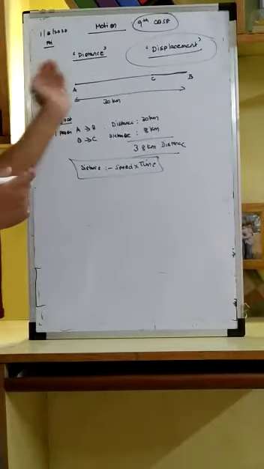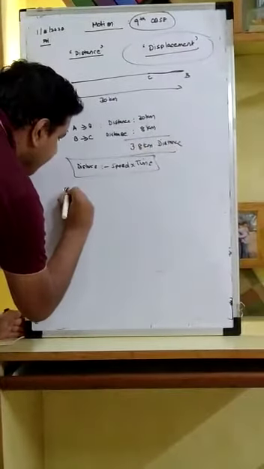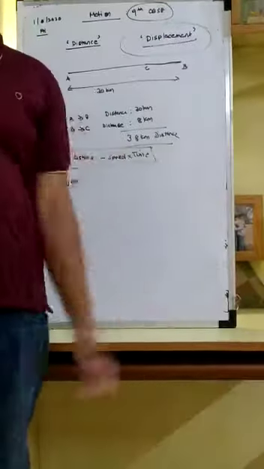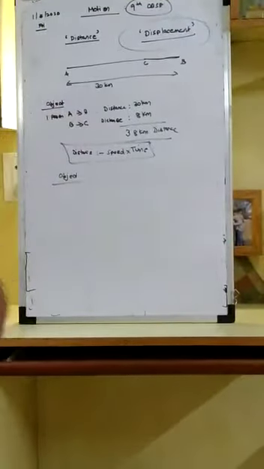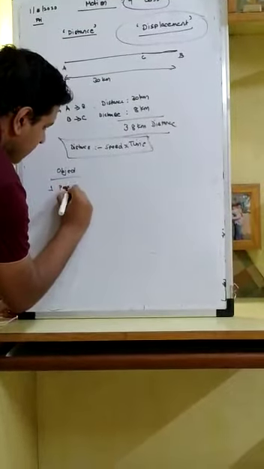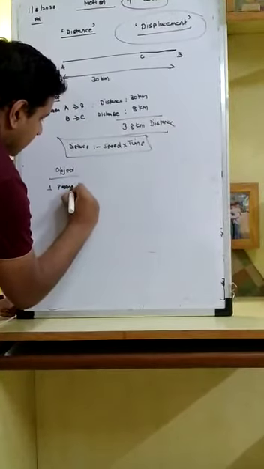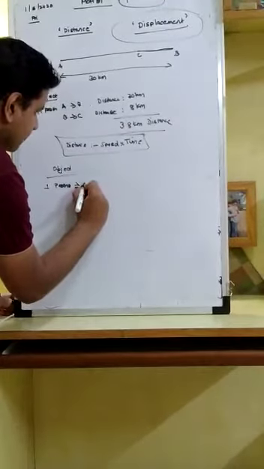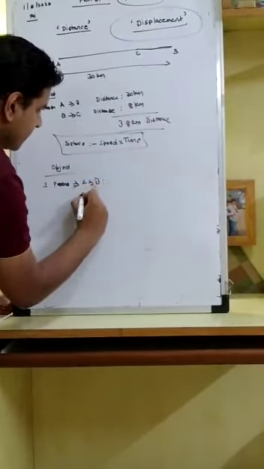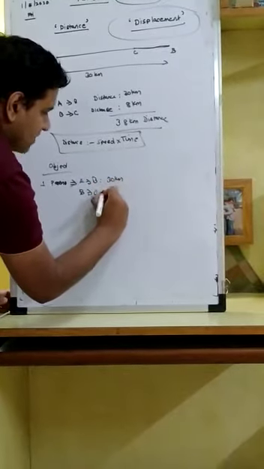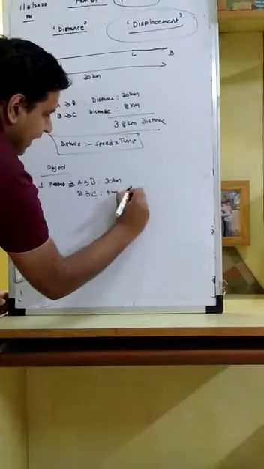Displacement. So let us take the same example. Our person has travelled from A to B and from B to C. Here once again 30 kilometers, once again 8 kilometers.